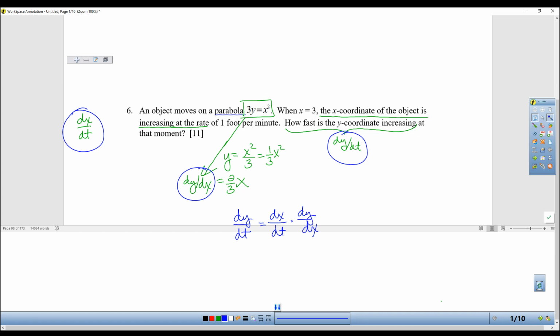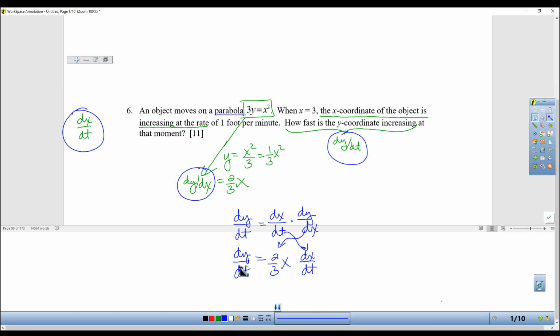So I fill in all the pieces. dy/dt is equal to 2/3 x, and then I'm going to put this one here, dx/dt.